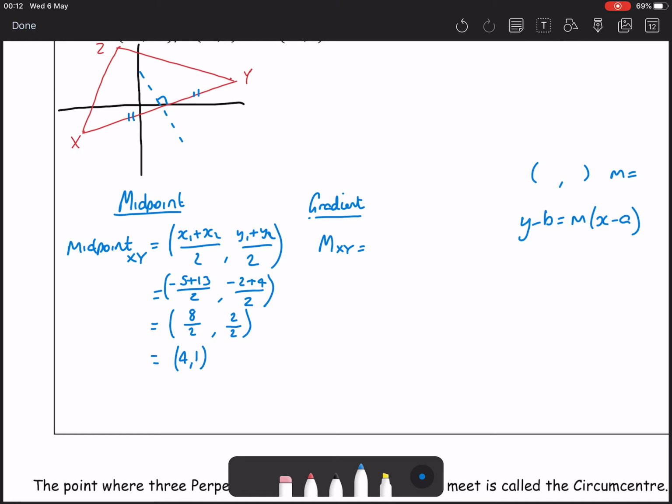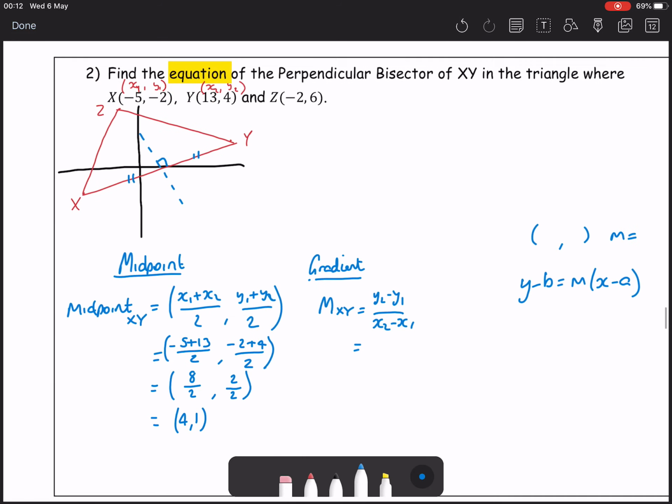So the gradient of XY, again using our gradient formula, 4 minus -2 over 13 minus -5. 6 over 18 is a gradient of a third.